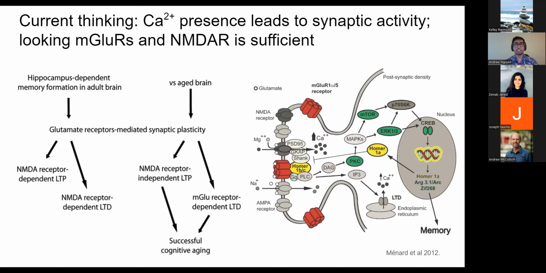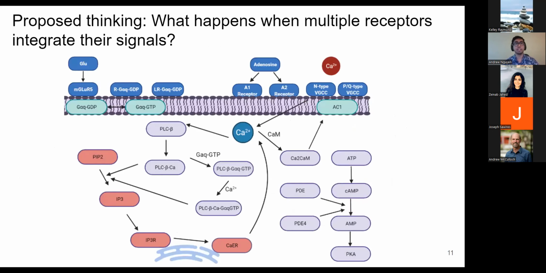So it's essentially sufficient to say that these pathways lead to synaptic plasticity or synaptic activity. But what I propose is, what happens if you couple these receptors and integrate their signals? Instead of having all these separate pathways, you want to couple them and look at the interactions between all these pathways, receptors and ligands.